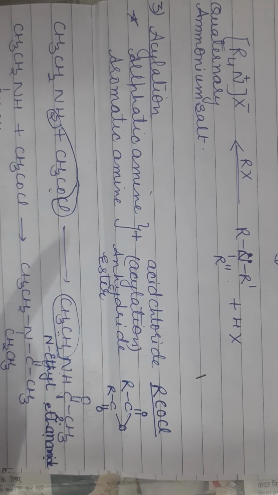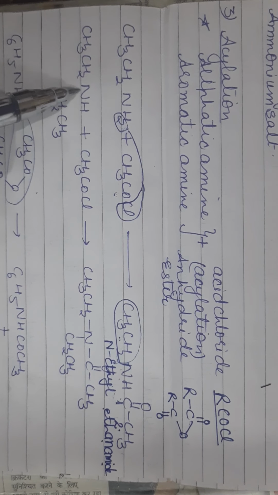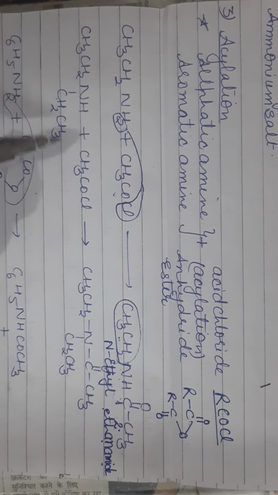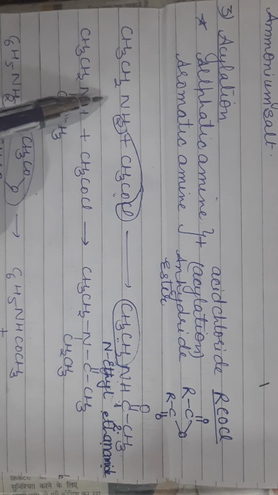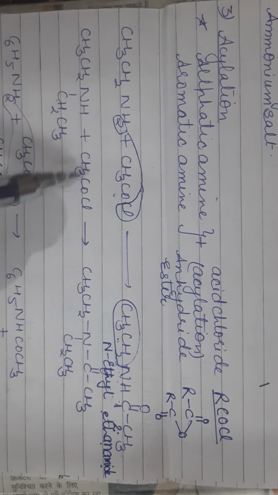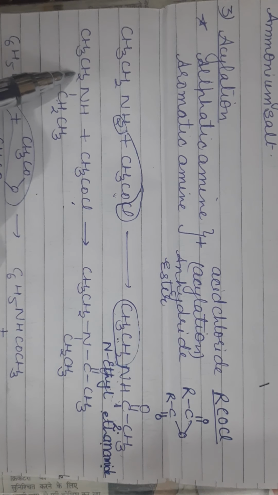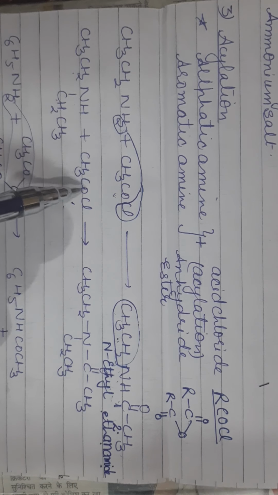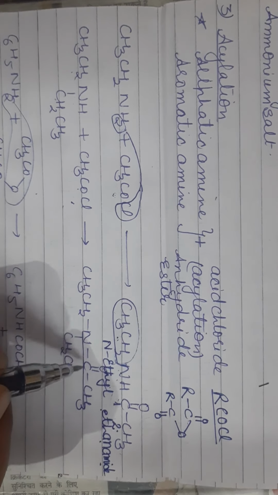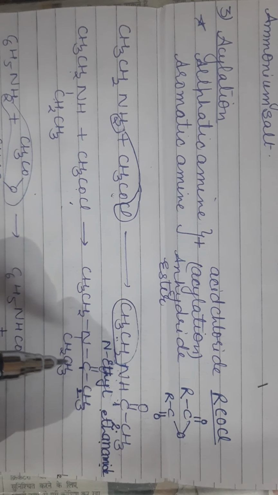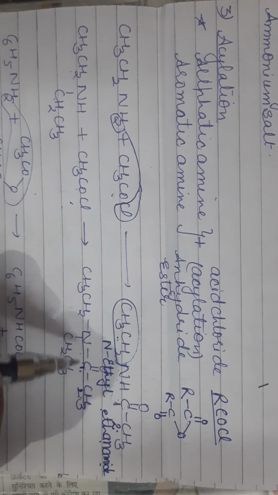When we react a secondary amine, where nitrogen is attached with two R groups, with acid chloride, here one H is left, so this H and this Cl get removed, and we get CH3CH2 and COCH3. Again the name: this is your amide, it always carries one number. This is again ethanamide.